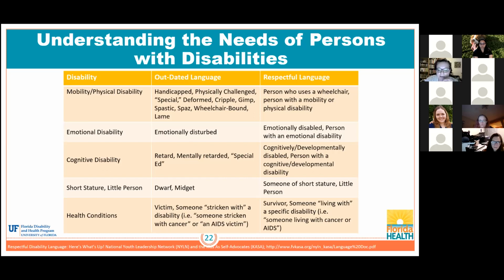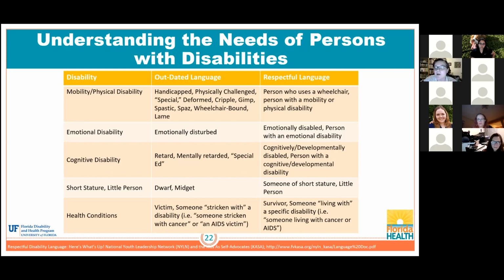Instead, we want to talk about the language of survivorship. The language of survivorship is something you're seeing more and more commonly. I first encountered it working at an intimate partner violence center. When you talk about survivorship, you talk about someone living with, enduring, going on.